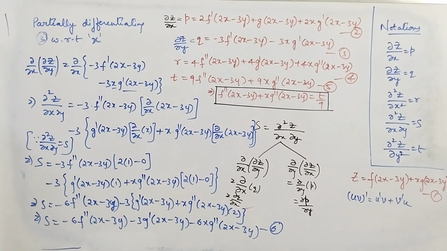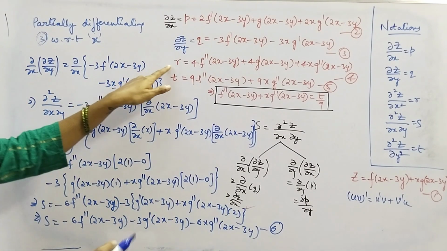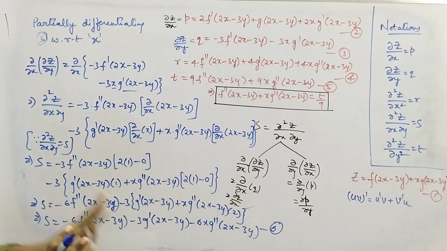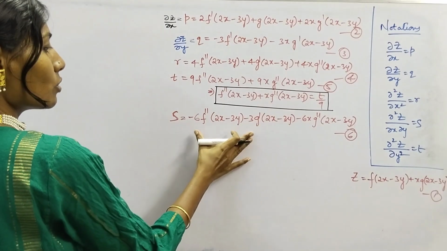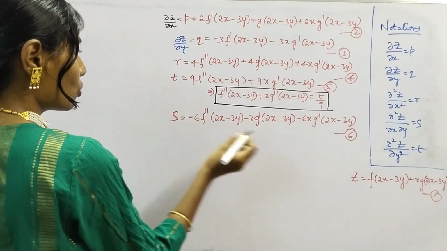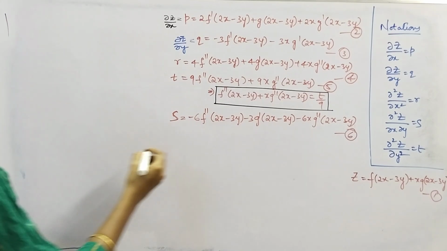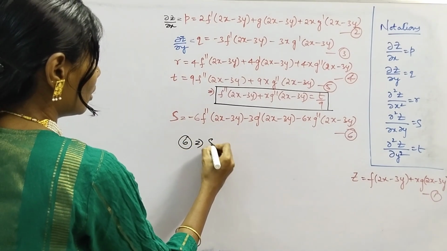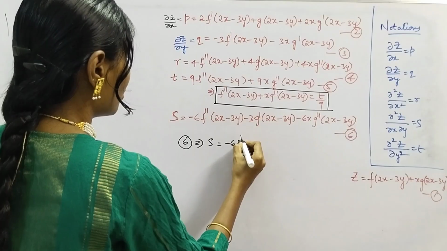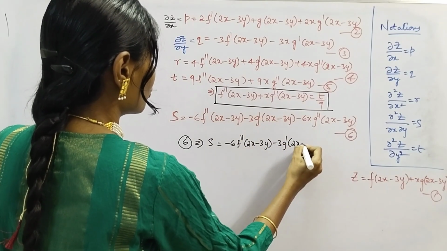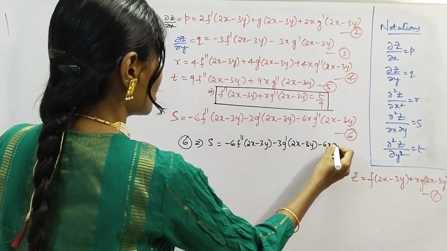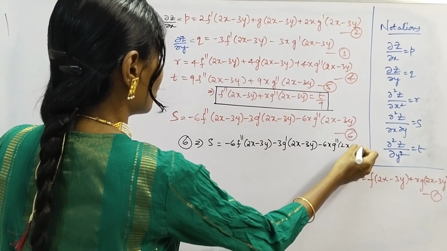You can find the g' value using equation 4 or equation 6. We'll see both cases. I'll show you. Now, if you want to find the value of g' using equation 6, we have s equal to -6 f''(2x-3y) minus 3 g'(2x-3y) minus 6x g''(2x-3y), right?